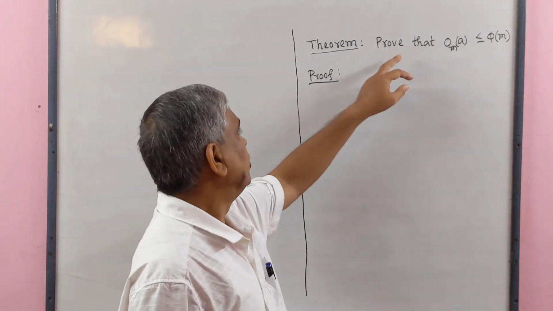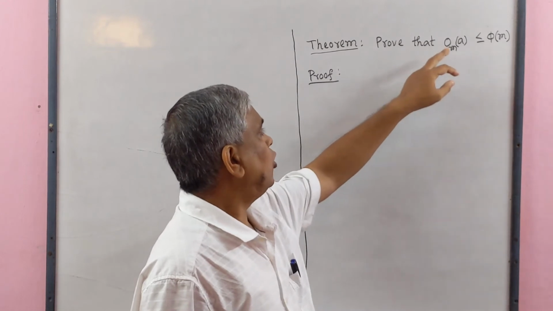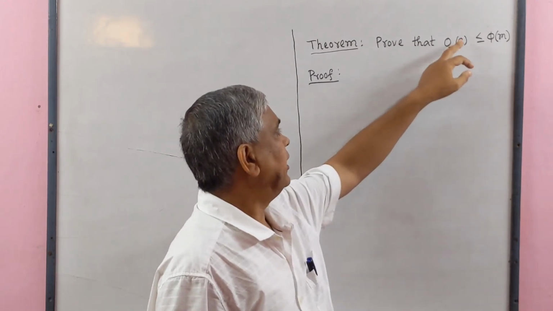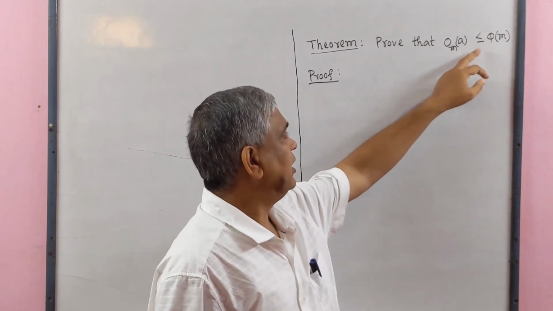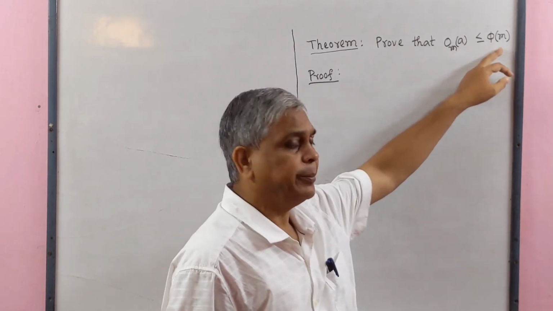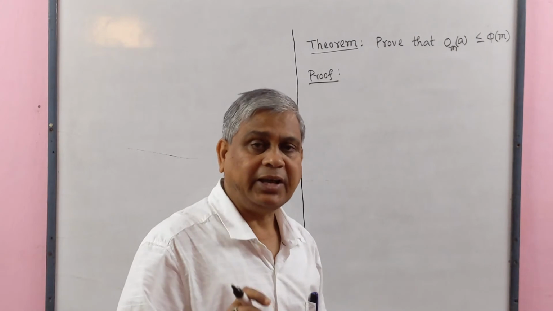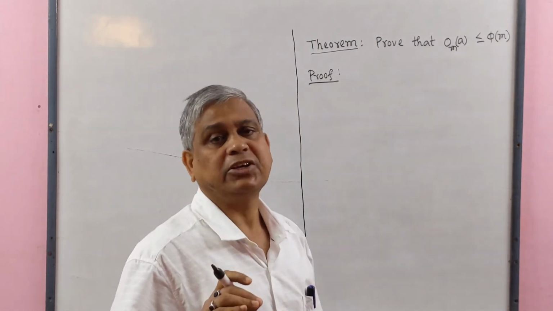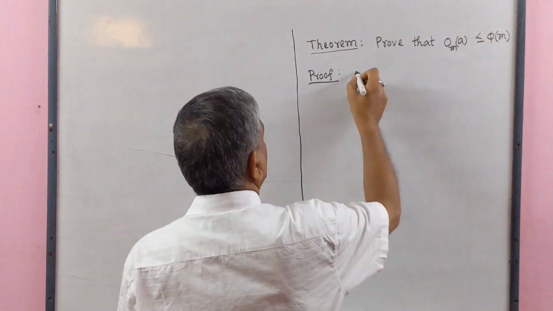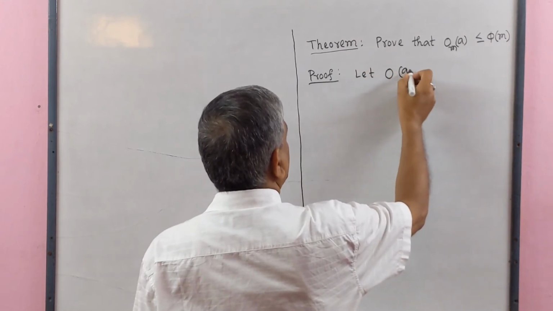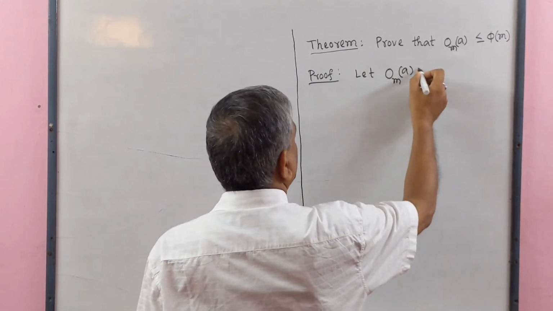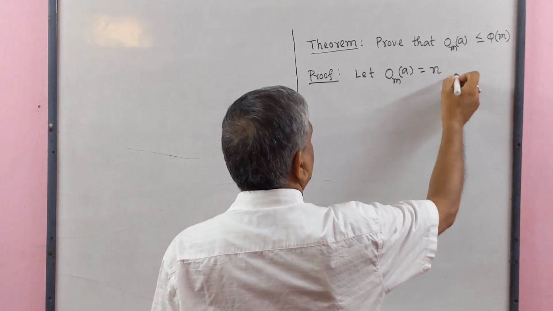Now we prove a theorem. Theorem: prove that order of an integer a modulo m is less than or equal to phi m, where phi m is the Euler's phi function of m. Let order of a modulo m equal to n.